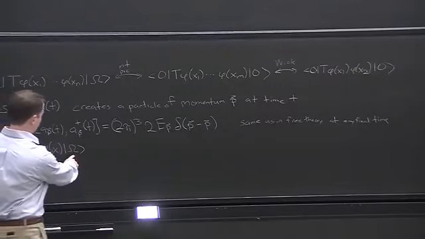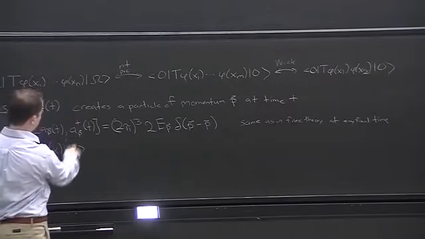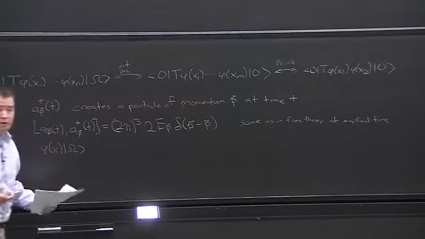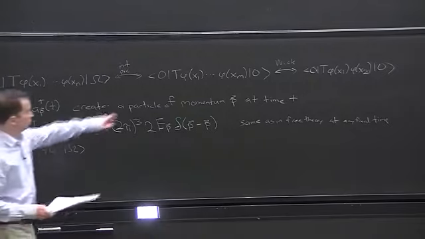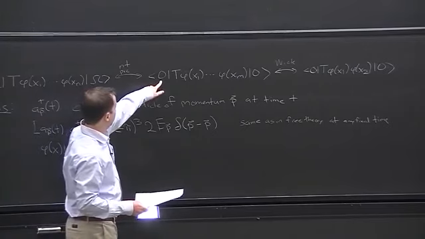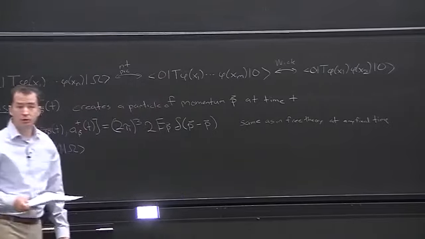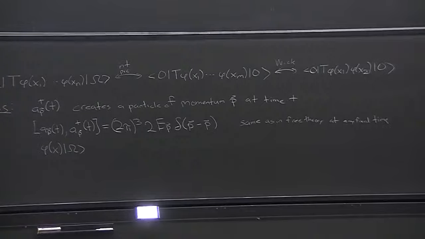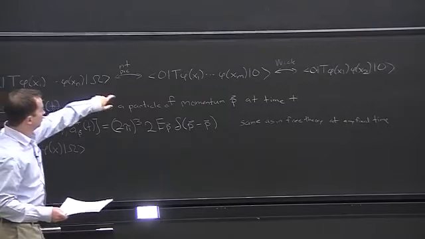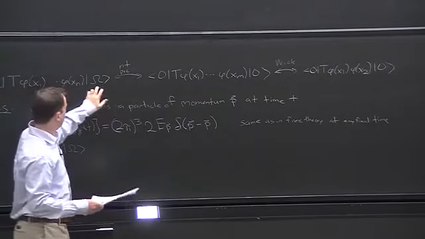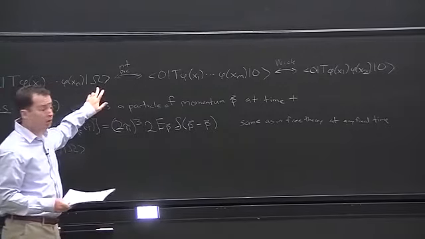And so here and above, I'm denoting the vacuum of the interacting theory by omega, and the vacuum of the free theory by 0. So in general, if we change our Hamiltonian, we'll be changing the ground state. So we don't expect that the vacuum state of the free theory and the vacuum state of the interacting theory are the same.